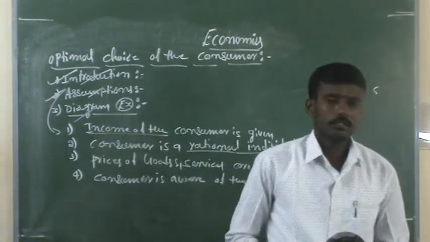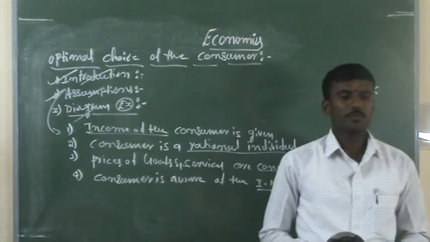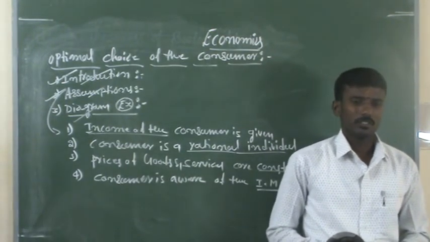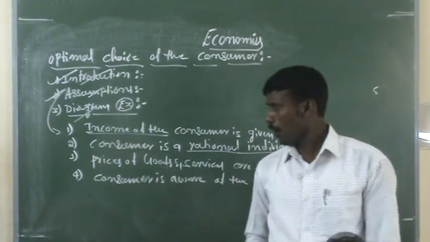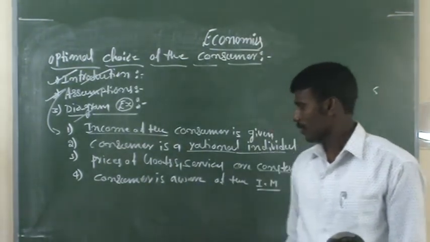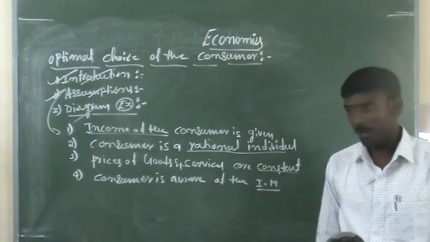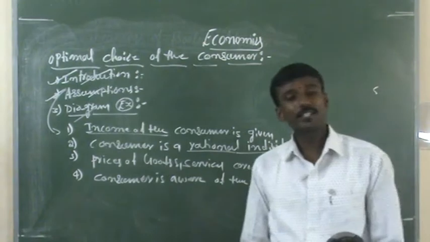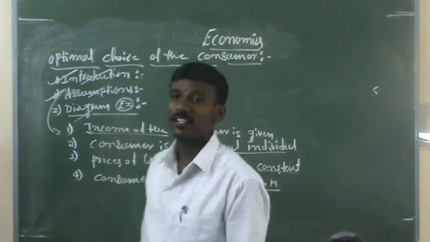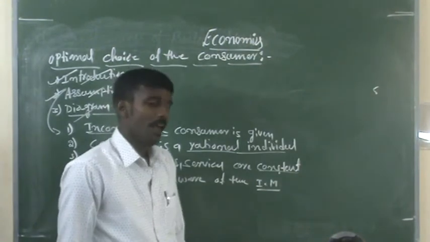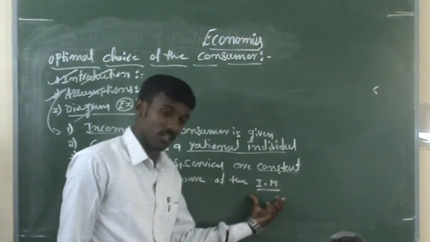We know that there is a difference between the indifference curve and the indifference map, right? Now here a consumer has awareness and information about the indifference map, the map of indifference curves.